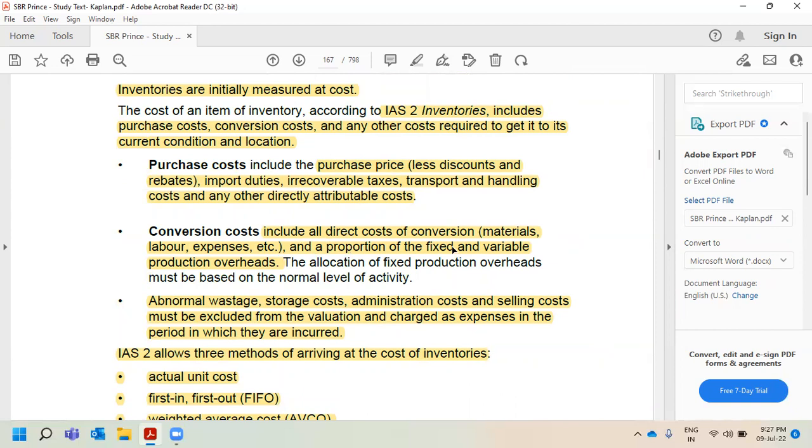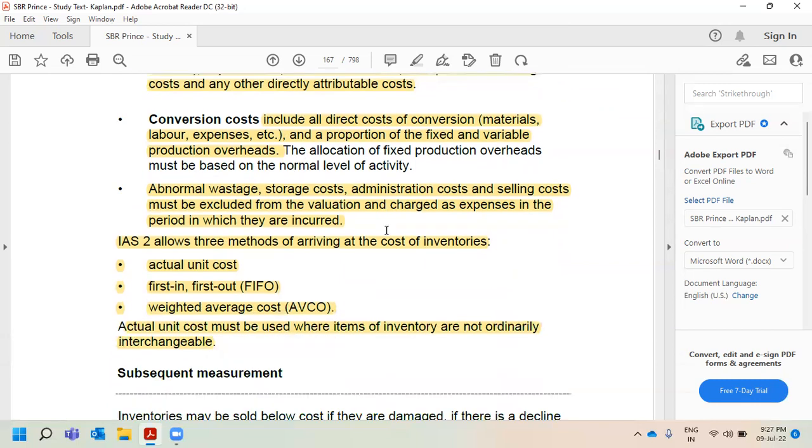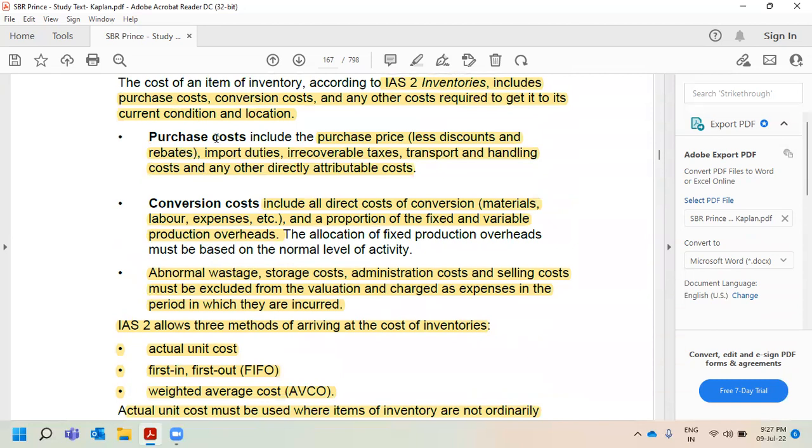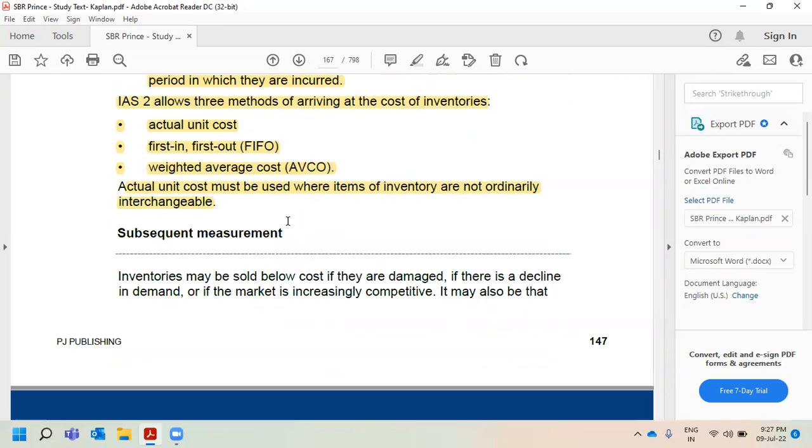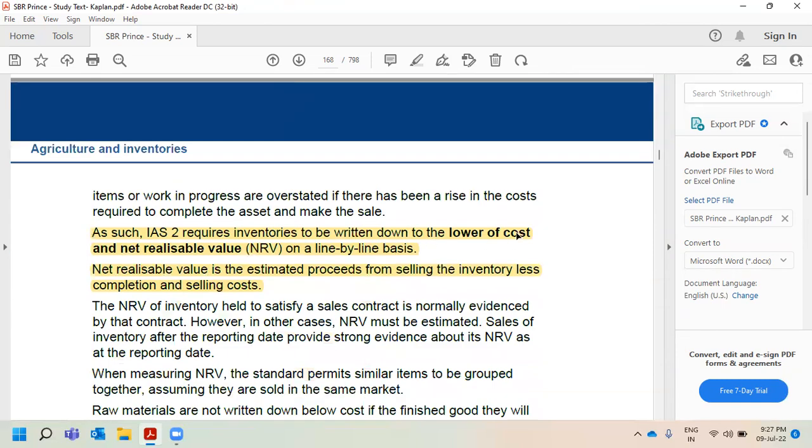For example, material, labor, and any fixed or variable production overhead. That will be the conversion cost. So cost comprises purchase cost and conversion cost. This is my cost, and then we have NRV.